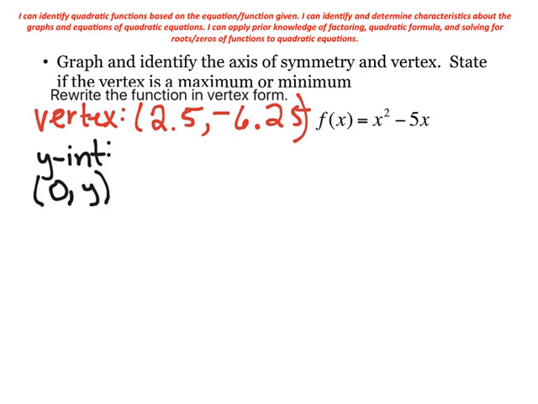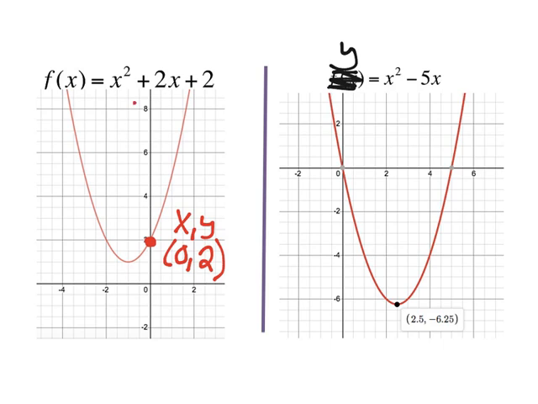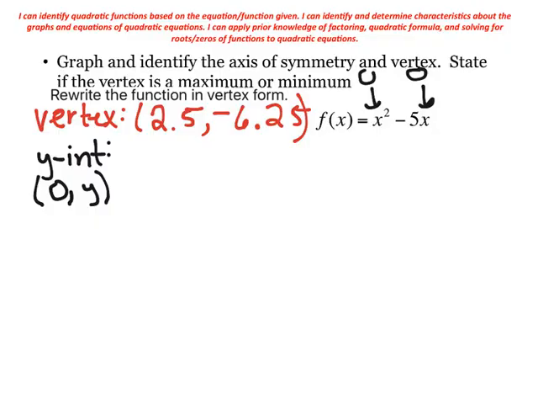So if you don't know the y-intercept because you don't have a graphing calculator, you've got to find it algebraically, which means you plug in 0 for all the x values, and that will give you your y value, which in this case, looking at the graph, is 0. So the point is 0, 0. Okay? So that should be an easy point to work with. Remember that that's an x value and a y value, and your vertex is an h value, comma, k value.